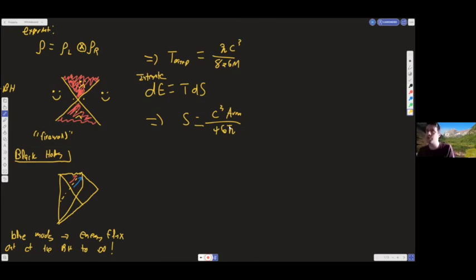So the microscopic origin of this is still mysterious in general. But anyway, we can at least understand it at the 19th century level by using this formula. Okay, so that's comment number one.